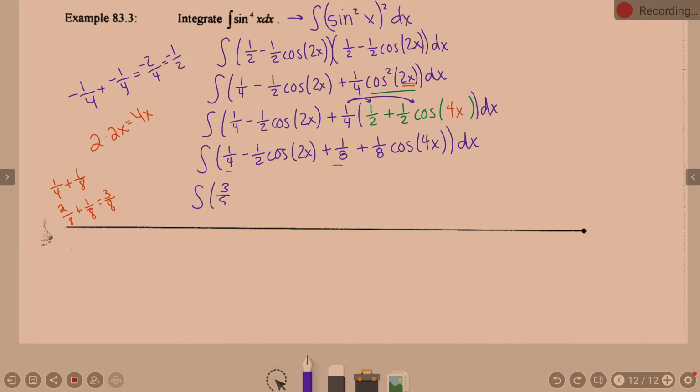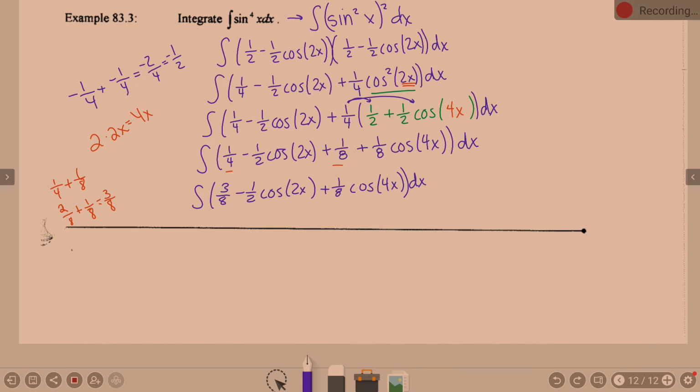So the integral of 3/8 minus 1/2 cosine 2x plus 1/8 cosine 4x. If you want to separate integrals, this is the place, right? I don't necessarily feel like you have to, but if you want to separate integrals, this is the place. Otherwise, let's go ahead and integrate.